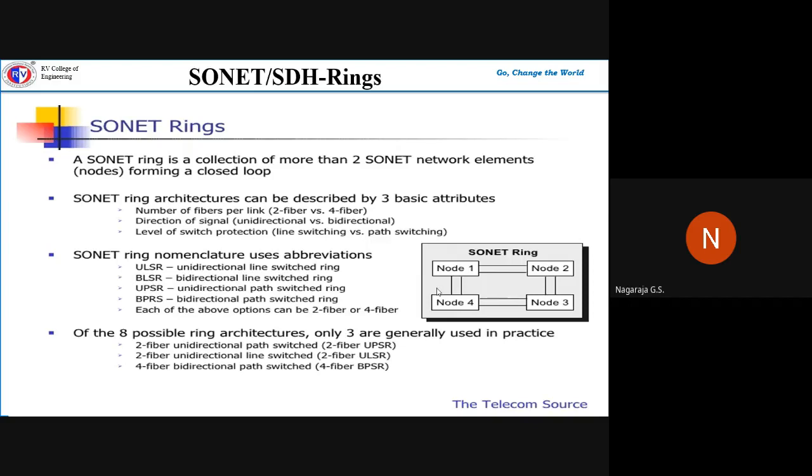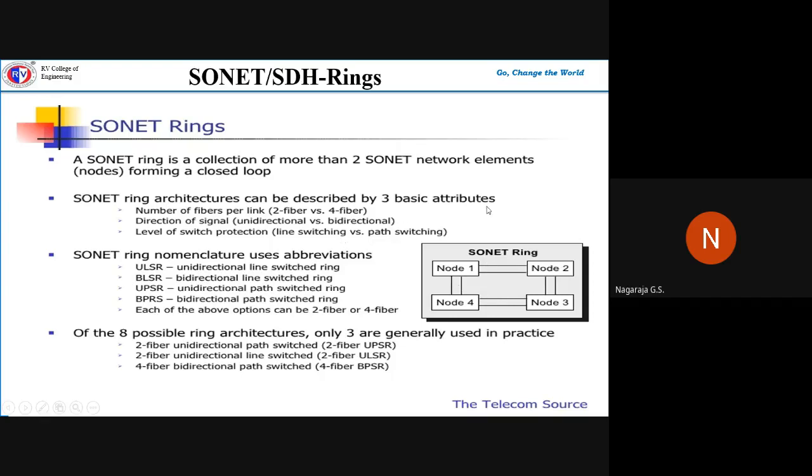Don't use a single fiber. We need to make use of 2-fiber and 4-fiber rings. You can also have unidirectional as well as bidirectional, starting with clockwise as well as anti-clockwise direction.